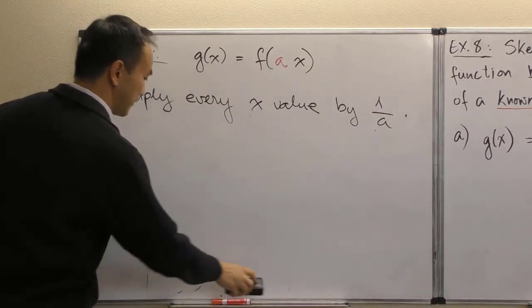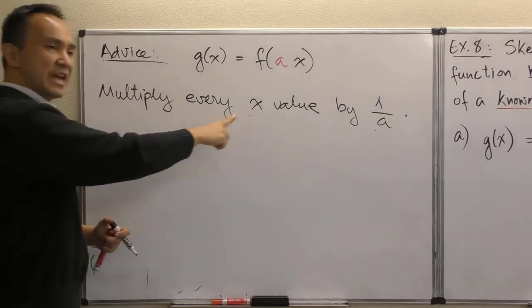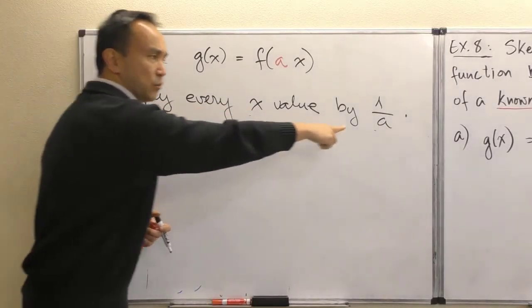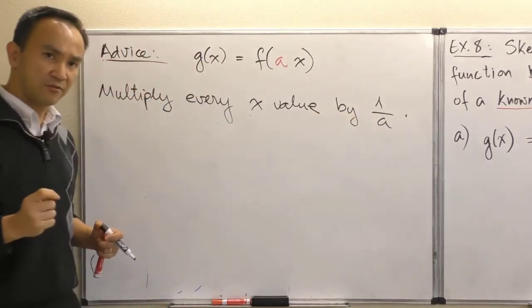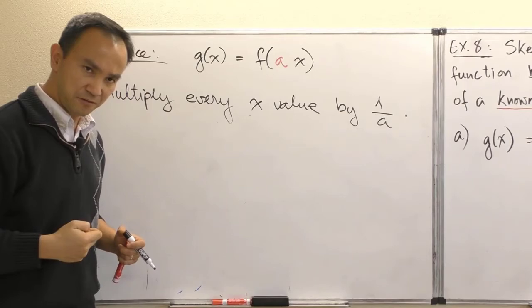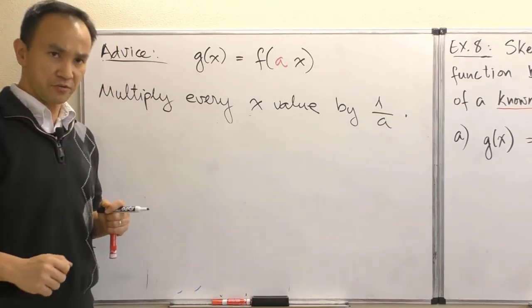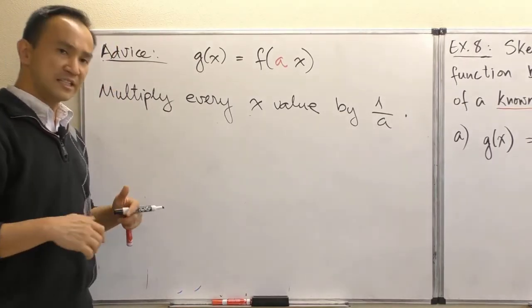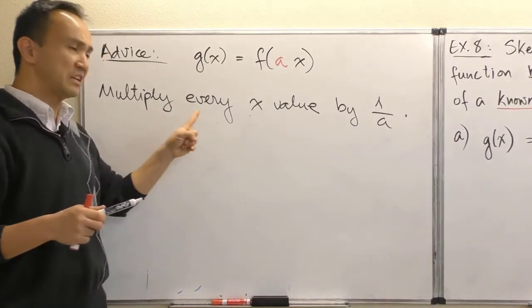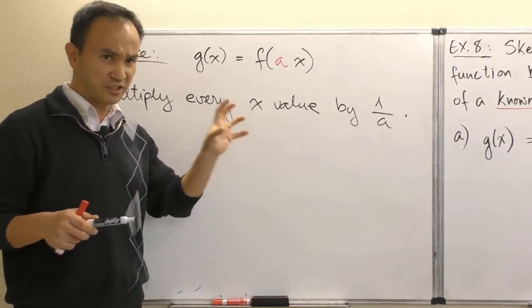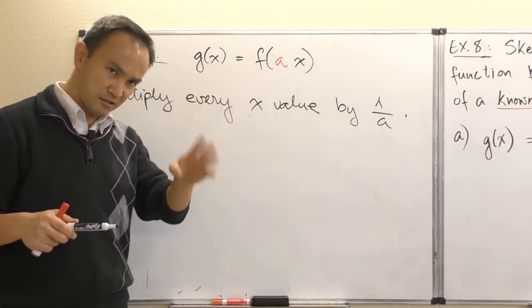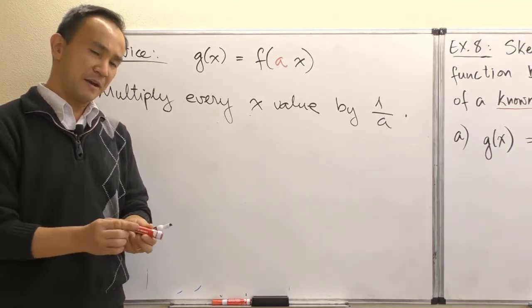With the advice, all we need now is for every x value to multiply it by 1/a. I have already indicated our a value for this transformation. Just like earlier examples, instead of multiplying really every x value, we're just going to focus on a few guiding points on the parent function's graph.